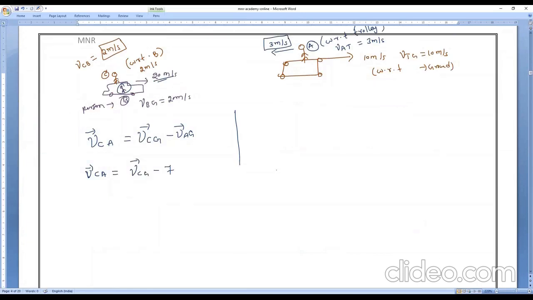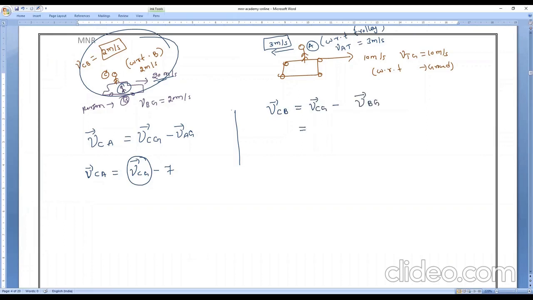Now we want the relative velocity of C with respect to ground. So how to find it? Look at this case alone. We know the relative velocity of C with respect to B is equal to what? The velocity of C with respect to ground minus the velocity of B with respect to ground.